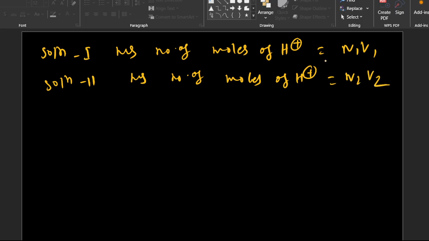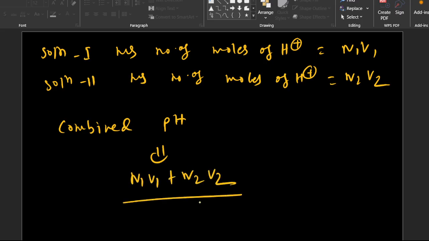So if you add these, and ask for the combined pH, then what we do is just add the number of moles of H plus from solution 1 and H plus moles from solution 2. So the combined concentration will be N1 V1 plus N2 V2 by total volume.